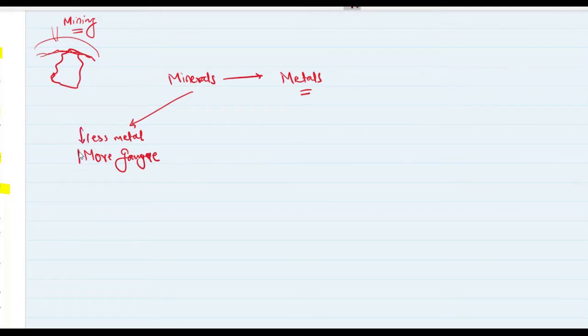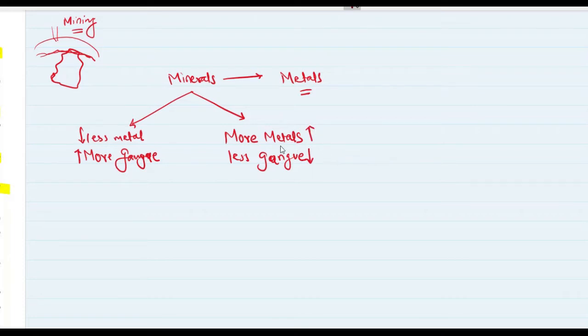Metal is less, gangue is more. There are some minerals which contain more metals, more metallic component, and less gangue impurity. Gangue is less, metal is more.